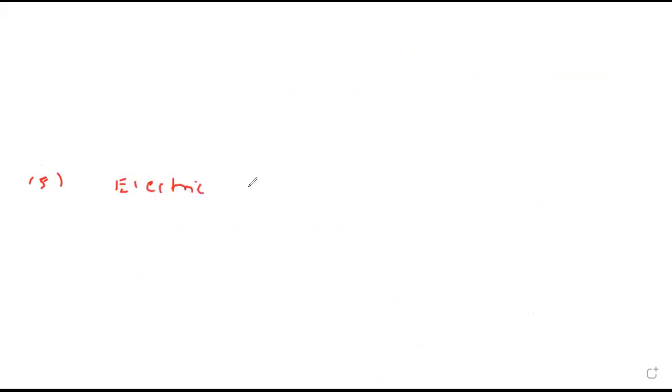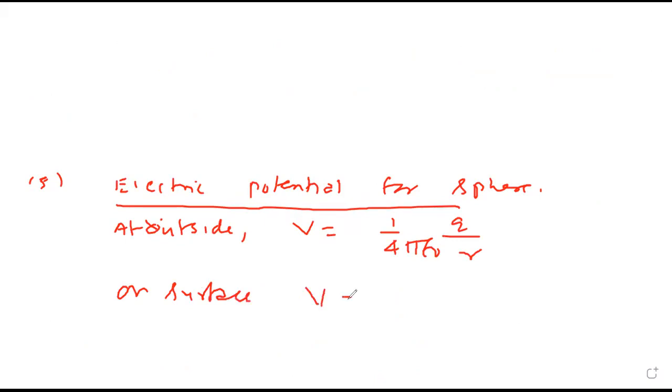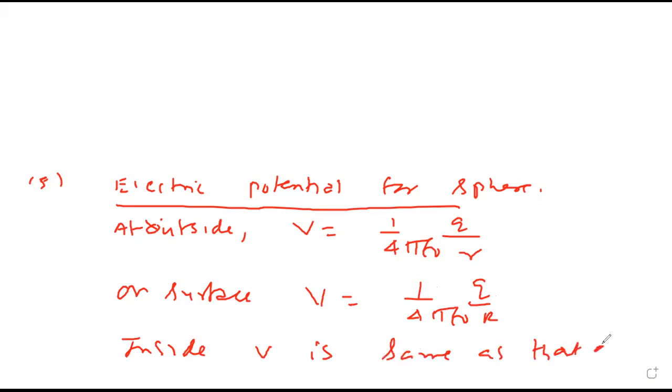Electric potential for sphere at outside V equals to 1 upon 4 pi epsilon naught Q by R. On surface V equals to 1 upon 4 pi epsilon naught Q by capital R. Inside V is same as that of surface.